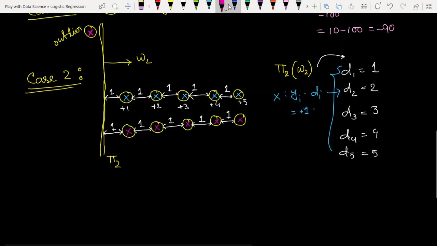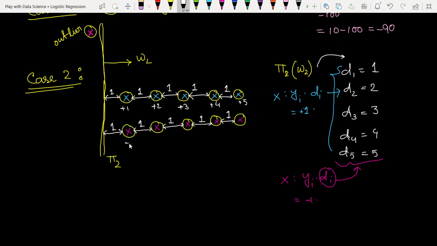For pink points, we compute yi into di, where di comes from here, and yi is equal to -1. So the values for pink points will be -1, -2, -3, -4, -5.